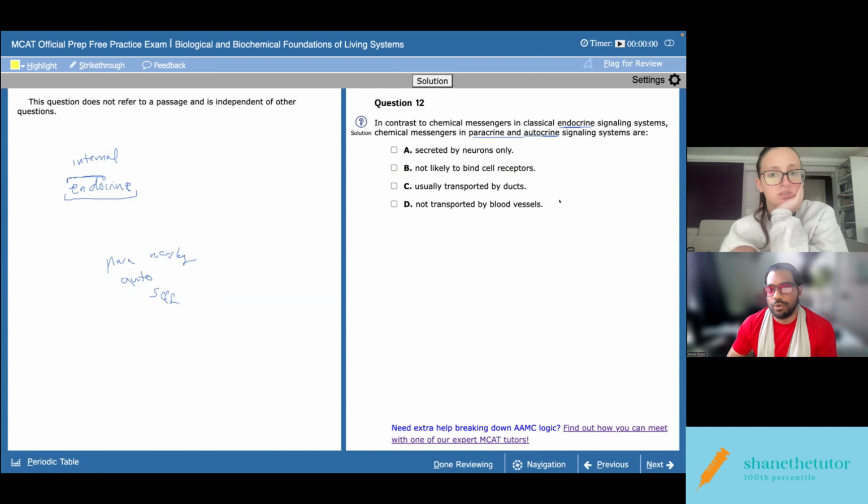What would be the best subway system to use for that, from cell to cell or throughout the body? Throughout the body. Vessels. Yeah, the blood, right?